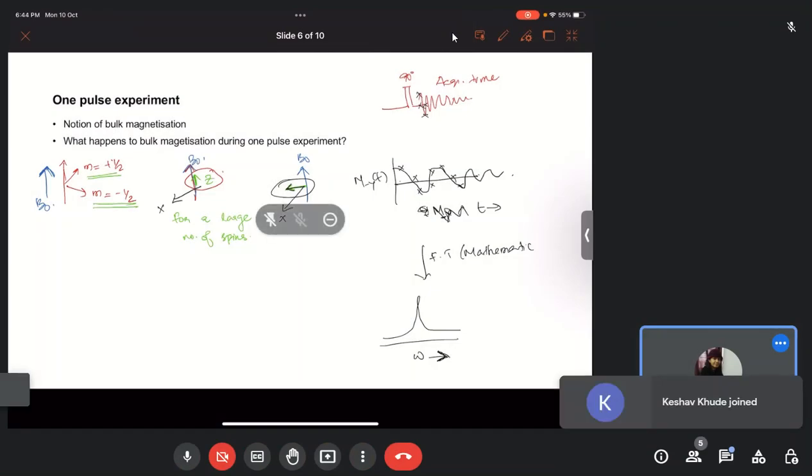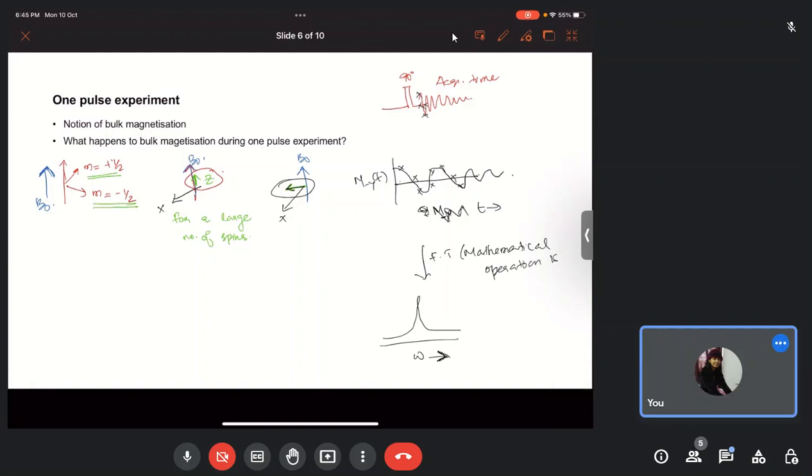Fourier transform is a mathematical operation to transform a time domain signal to a frequency domain signal.